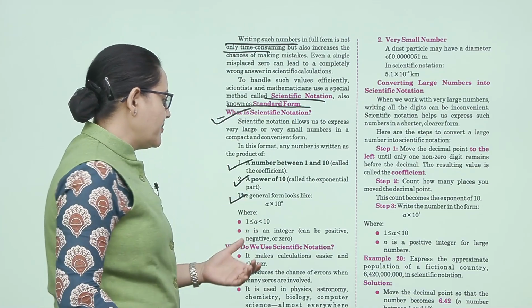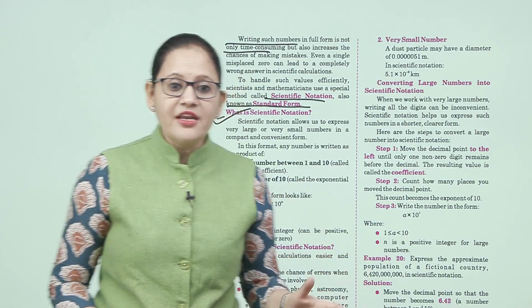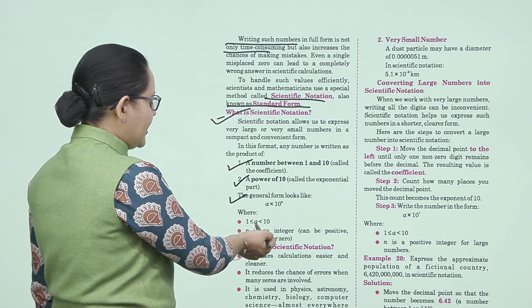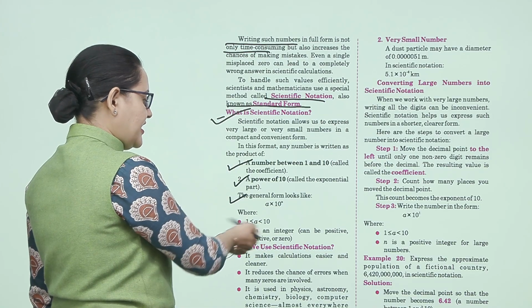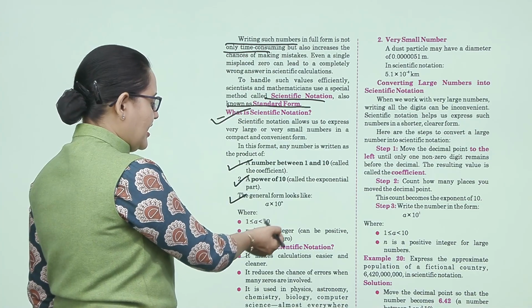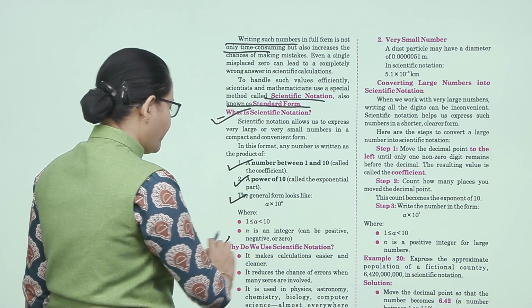In general form, it looks like a into 10 to the power n, where a is greater than or equal to 1 and less than 10, and n is an integer, which can be positive, negative or 0.